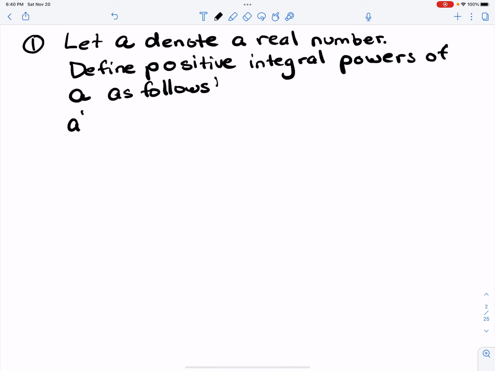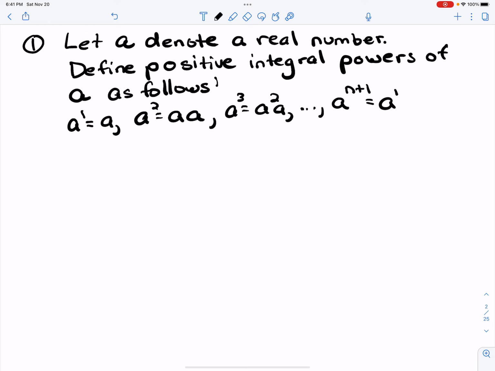A to the first power is just A. A squared is A times A. A cubed we're going to define as A squared times A, and so on. So that eventually, if you get to A to the n plus 1, that's A to the n times A. Okay, so that's a definition that we're going to use.